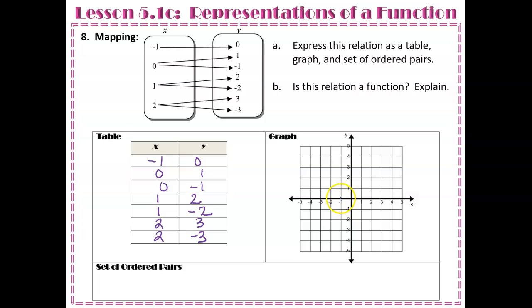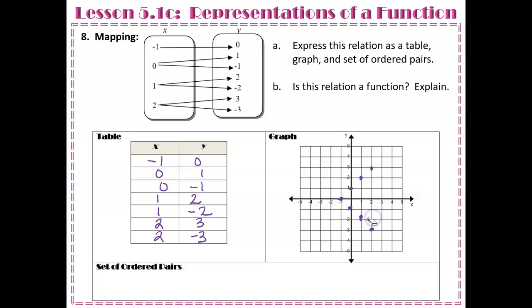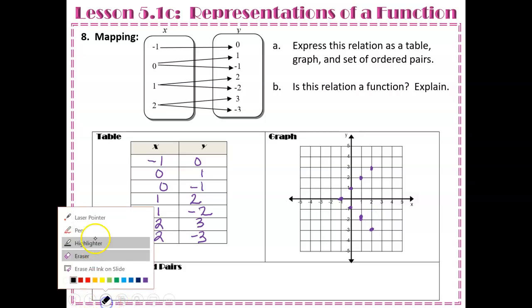If we plot this, it looks like that. This goes down here. Okay, so let's write this as a set of ordered pairs.